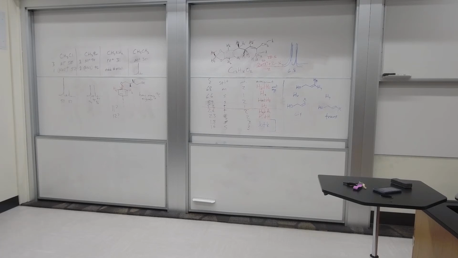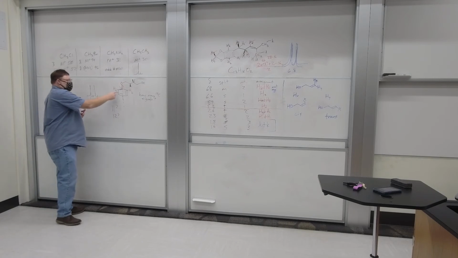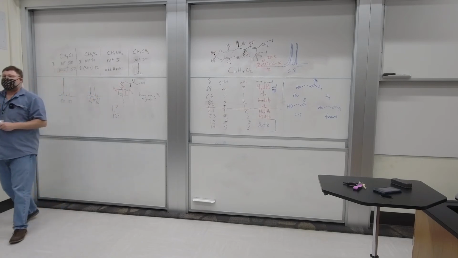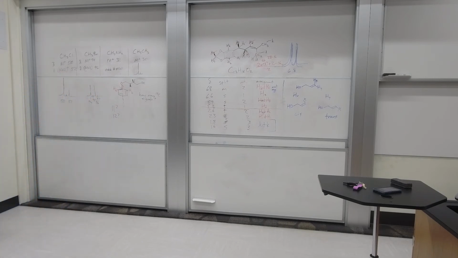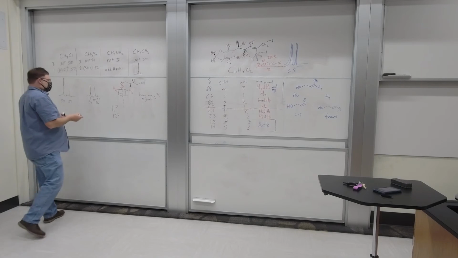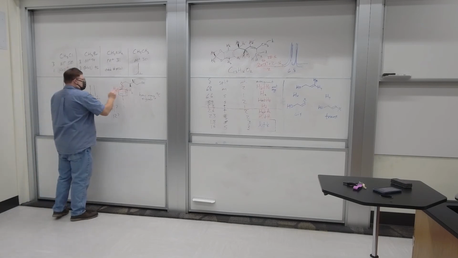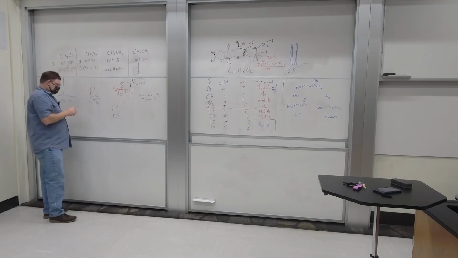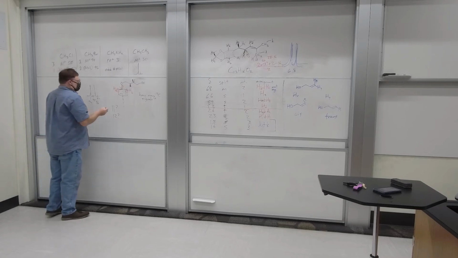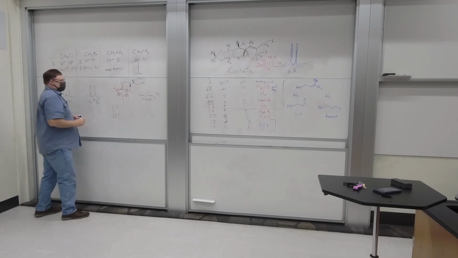And so what matters is the average environment A and B are in. So A and B are actually in the same average environment. And so that means those two carbons are the same, are homotopic, they're magnetically equivalent. And these two carbons are magnetically equivalent.